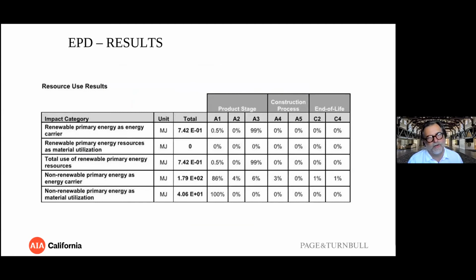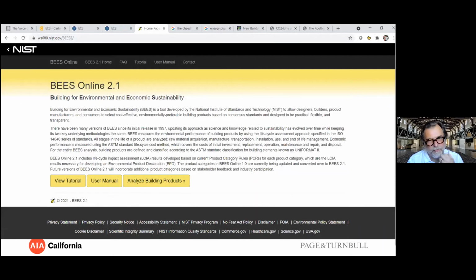There's a couple of different programs that allow for comparison of EPDs or environmental output. The one that I've used the most is BEES. Unfortunately, version 1 has gotten a little bit old. I like version 1. It was fairly robust and had things like brick and clay tile in the database that I could use.